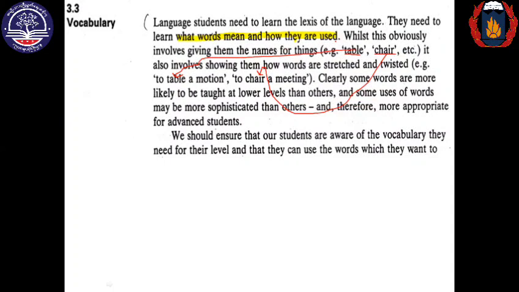Do you know literal meaning? I want you to write down literal meaning, L-I-T-E-R-A-L. Figurative meaning.